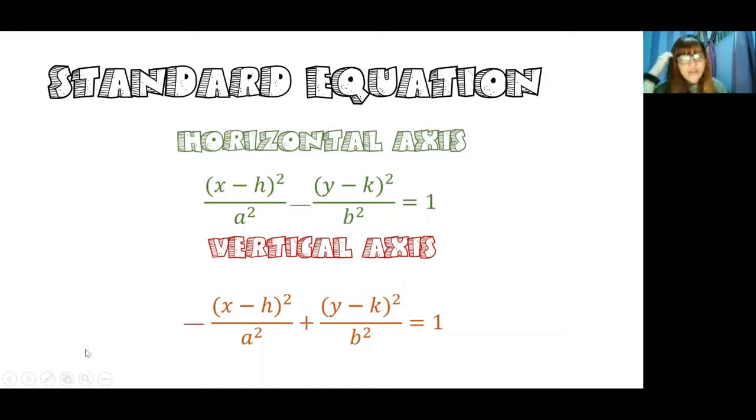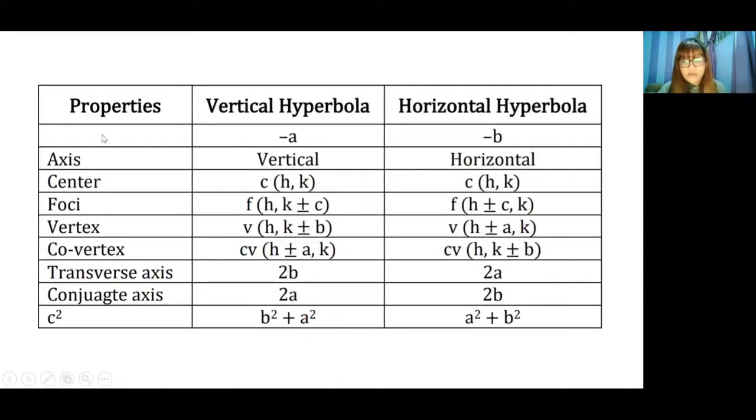Take note, just like a while ago in the general equation, the signs are different. For the horizontal axis, the y variable is negative while for the vertical, the x variable is the negative one. So for this table, always take note of this. You have to remember the properties because this will be important for the next topic.